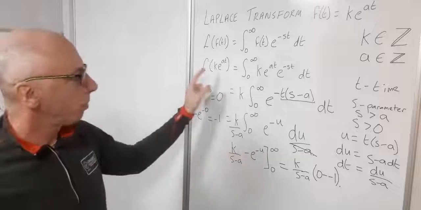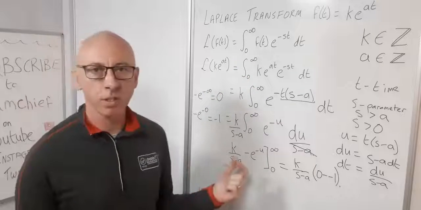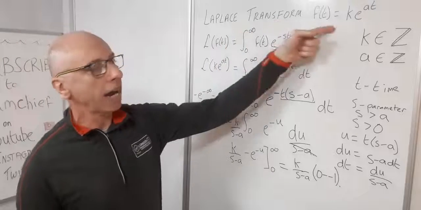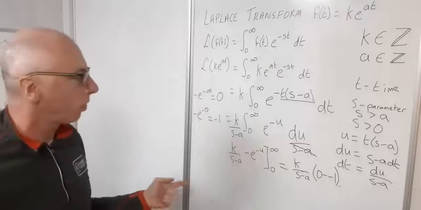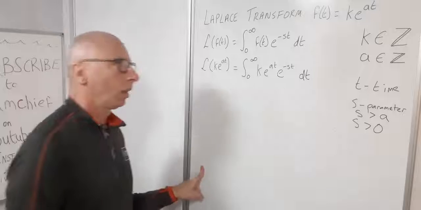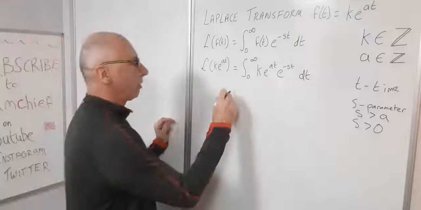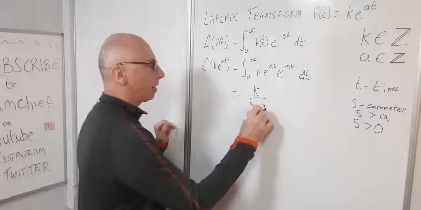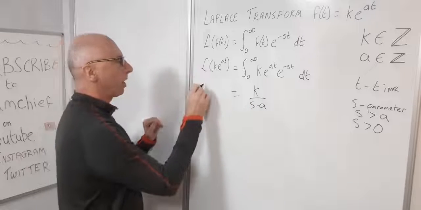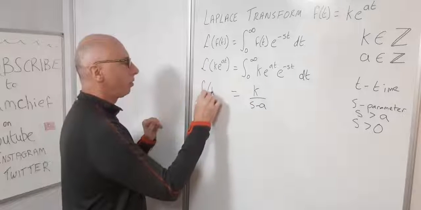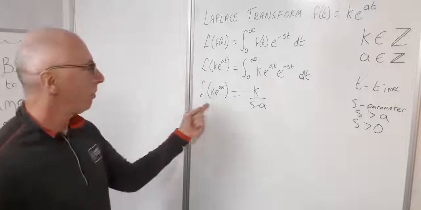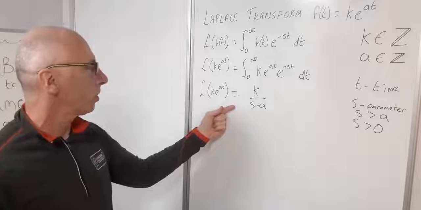So now I'm going to put my result up here, and we're going to find some examples of the exponential function transformed at different values for k and for a. Okay, so my result I got earlier was k over s minus a. That was my Laplace transform for my general values of e to the at, so this will work for all values of the exponential function.